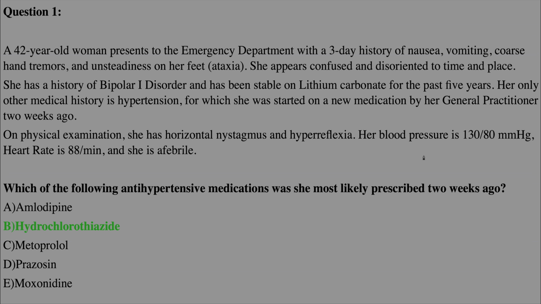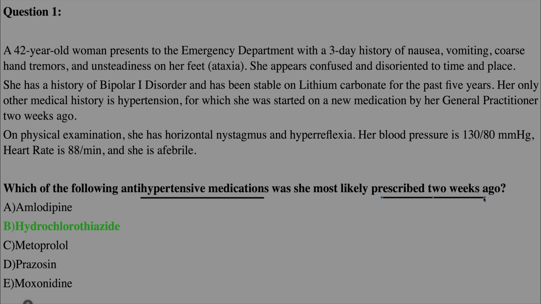The bottom line. Always read the very last sentence first. Are they asking for a diagnosis, a management step, or a side effect? Here, they want the medication. So step 1 is reading the last line, the bottom line: which of the following antihypertensive medications was she most likely prescribed 2 weeks ago?